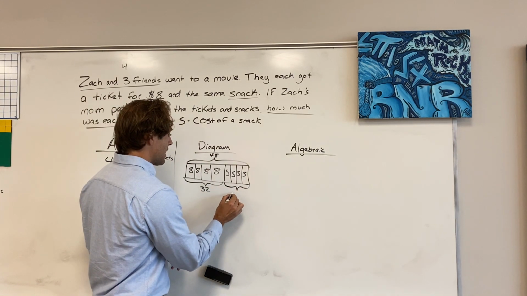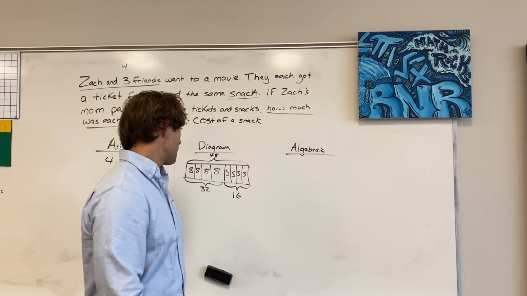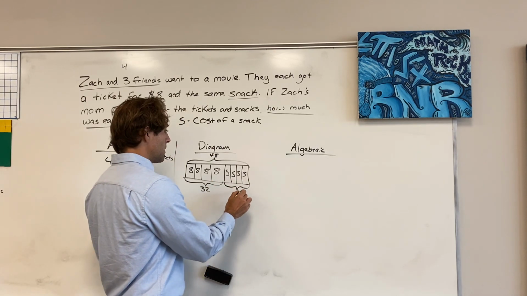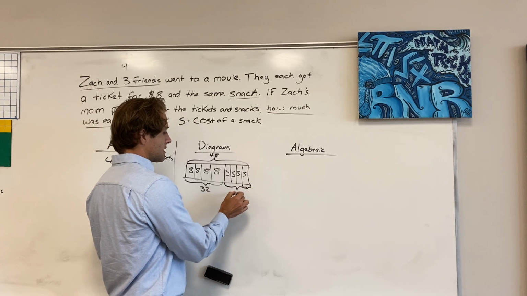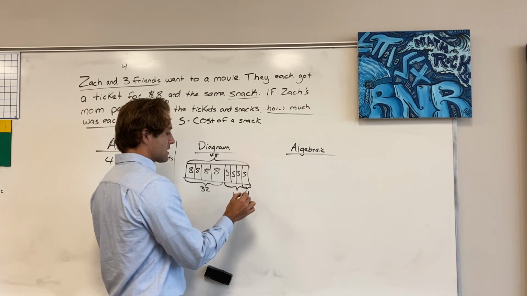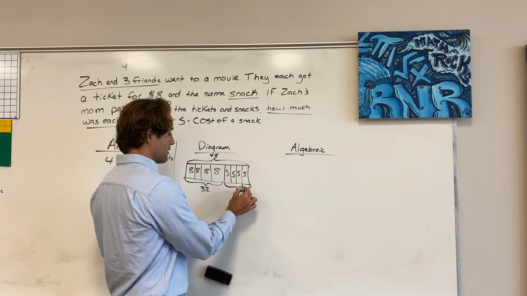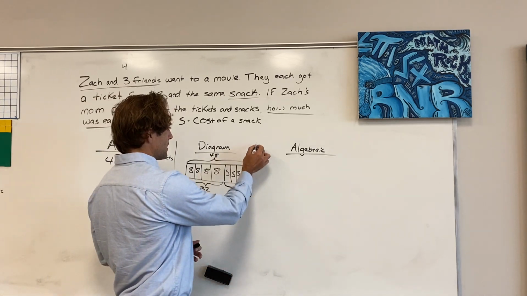The 4 snacks must be worth $16, okay? And if 4 snacks are worth $16, what would be the cost of just this one snack? Well, 16 divided by 4, each snack must have a cost of $4. So our answer is right here, $4, based on our diagram.